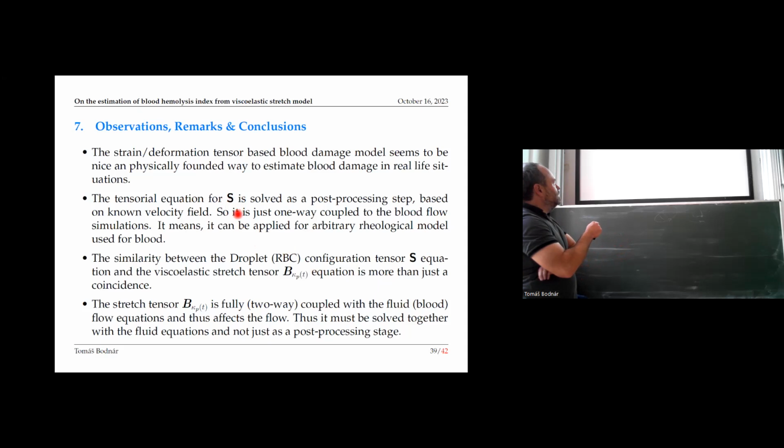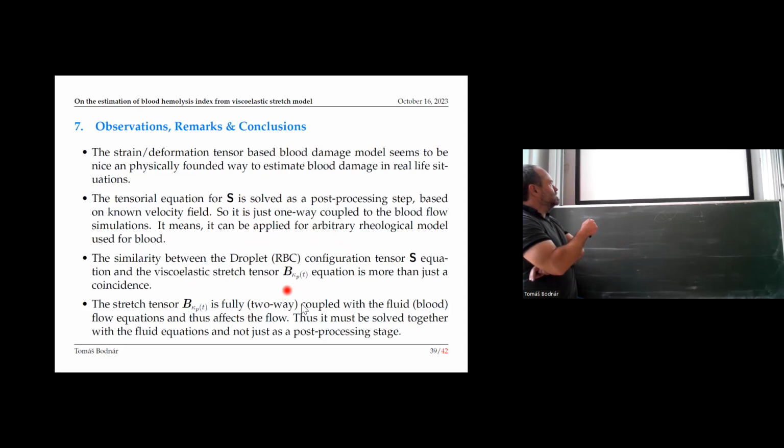My final goal is to compare the predictions of the two models. The advantage of the S-based model, this configuration tensor-based model, is that you can use it in the post-processing step for any model of the fluid. It doesn't matter if it is Newtonian, generalized Newtonian, viscoelastic, maybe. It's maybe not perfect, but still you can use it.